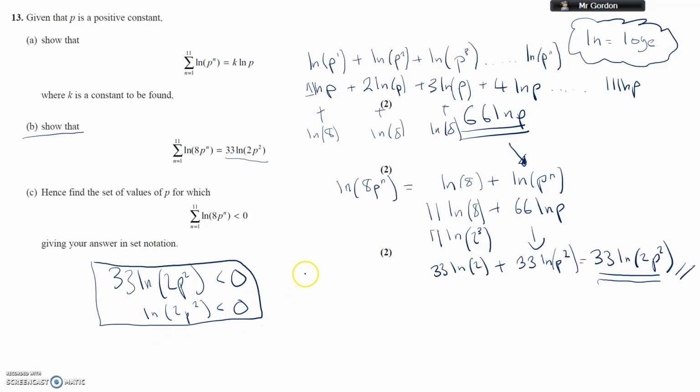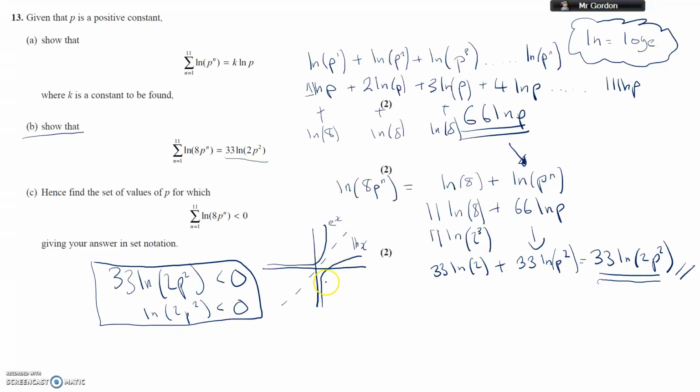So, a quick sketch here, e to the x is like this, and the natural log is a reflection of this graph in the line y equals x. This should be knowledge that you are aware of. So then it goes up here and it looks like this. Okay, so that's e to the x. This is ln x.